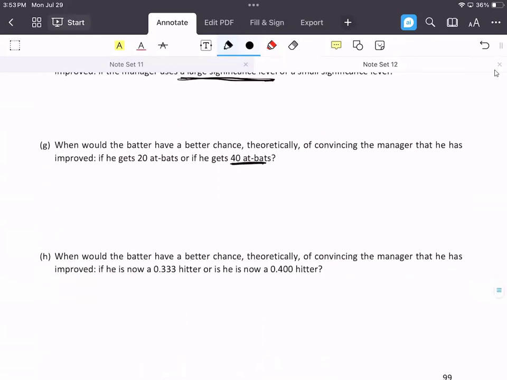When would the batter have a better chance of convincing the manager that he has improved? If he is now a 0.333 hitter or a 0.4 hitter? Well, it's when he's 0.4. Remember, we want him to be further away from the null, more in that tail. In this case, we're comparing to 0.25. Okay, 0.4 is further away.